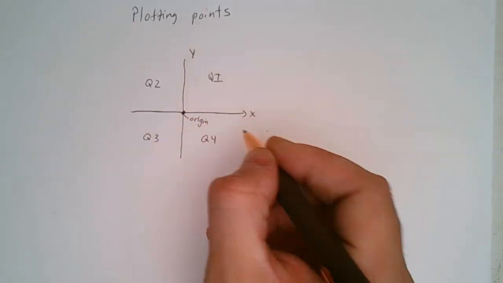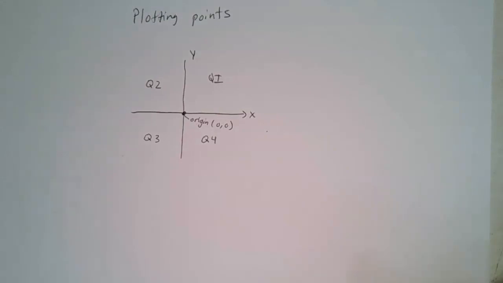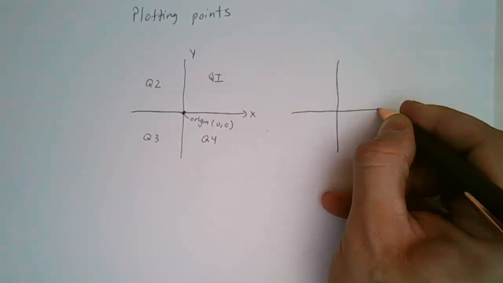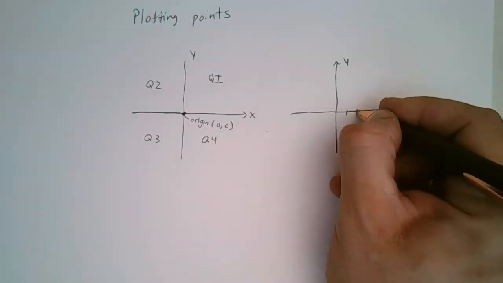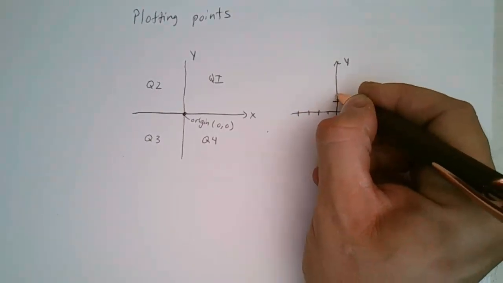And everybody should already know that we always start our points at the origin. Okay, 0, 0. And if I give you an xy axis to plot points on, so here's x, here's y, and we put some tick marks on here, something like that.